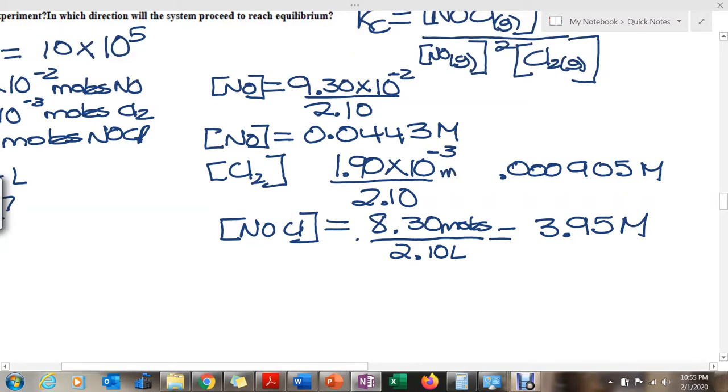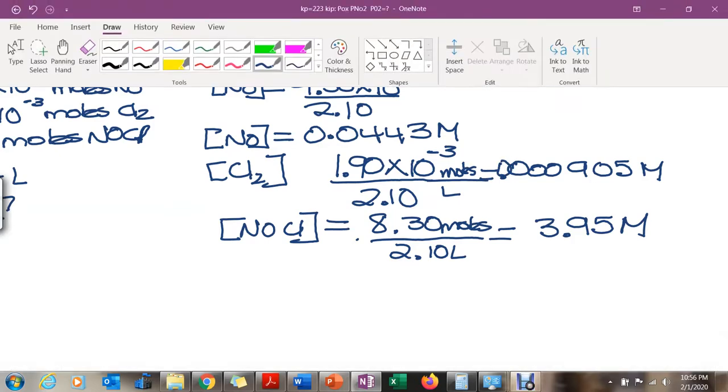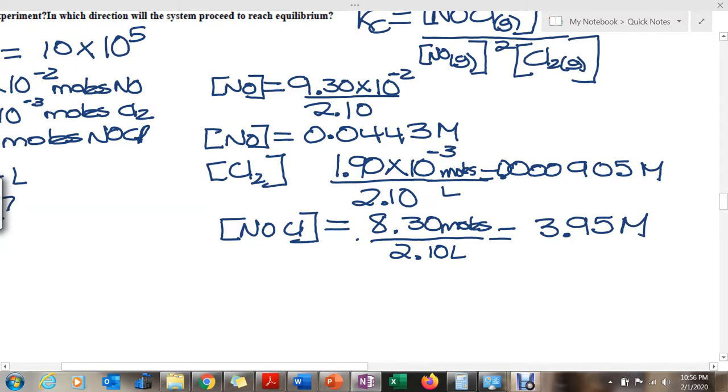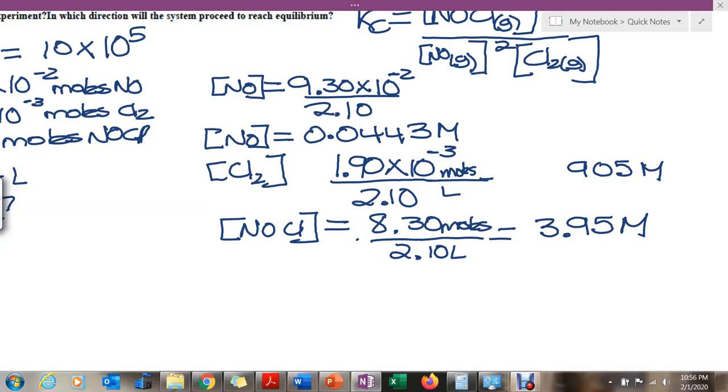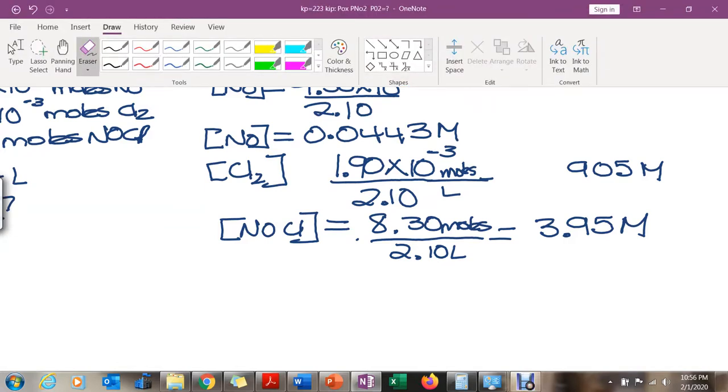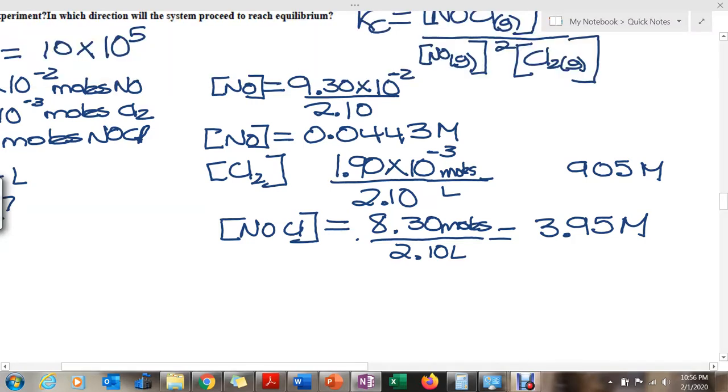This equals 0.123 molar, and here it is moles per liter.